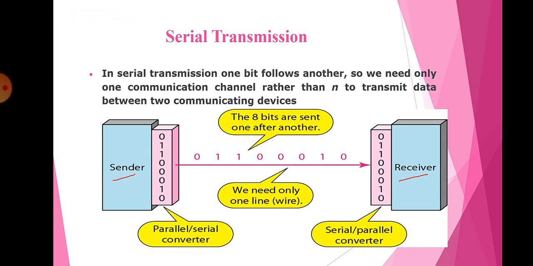The data to be transmitted from the sender node is 0, 1, 1, 0, 0, 0, 1, 0. We can observe that one bit follows another bit. In a sequence, the information is transmitted to the receiver side. Here we need only one wire, and the information is received exactly as it is sent from the sender node.